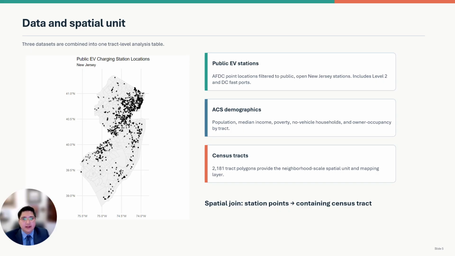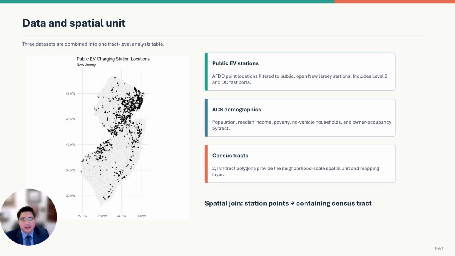The second dataset is the ACS demographic data. This gives us the tract-level variables such as population, median income, poverty rate, no-vehicle households, and owner occupancy.